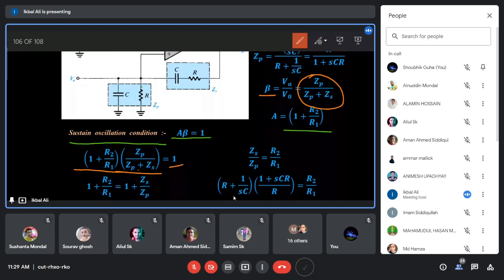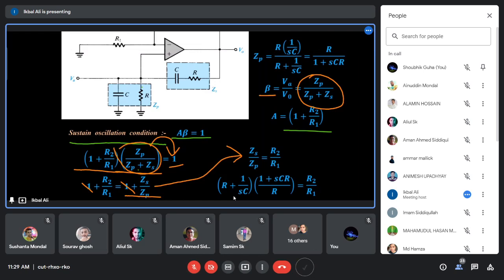Then do some mathematics. You put this ZP by ZS plus ZP on the right-hand side of this equation. If you do that, then it will become 1 plus ZS by ZP. Is that okay? It is not very difficult. So this one cancels out, and ultimately it will give you ZS by ZP equal to R2 by R1. Have you got it? It's a very easy one. Okay.